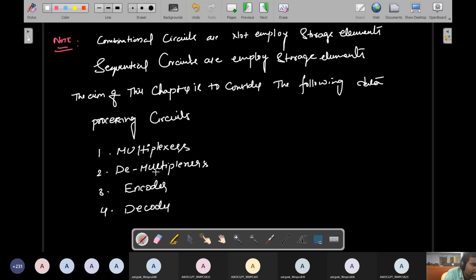So these are the multiplexer, demultiplexer, encoder and decoder. These are called data processing circuits, and they are built from a combination of logic gates. Therefore this is called combinational logic circuits. Understand everybody?